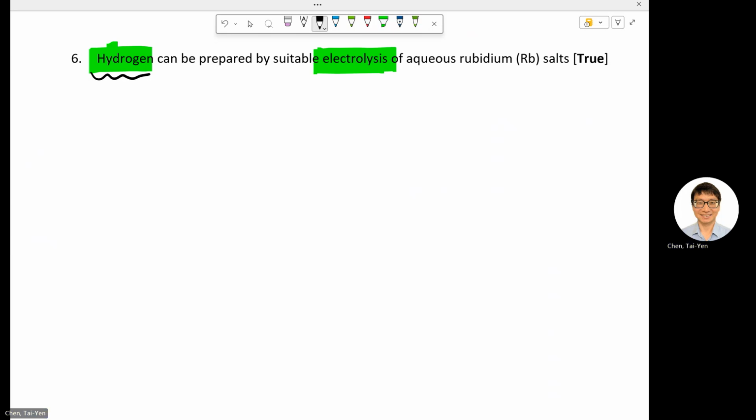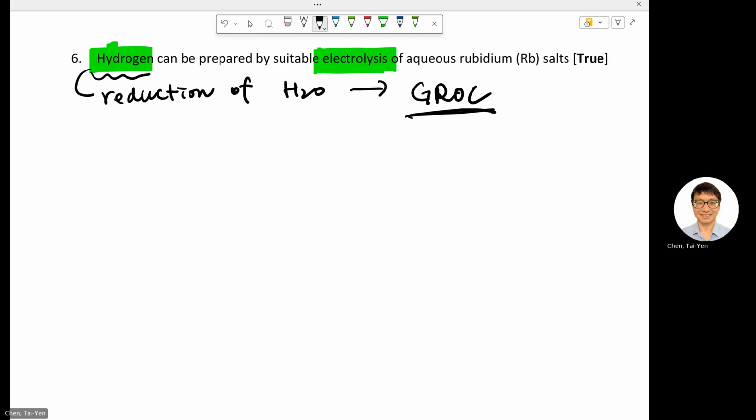Therefore, you know this is the reduction of H2O, right? So the thing you should look for is your reduction potential, right? In electrolysis, you undergo a reduction, so you know you need to look at the reduction potential. And this will go at which electrode? Anode or cathode?